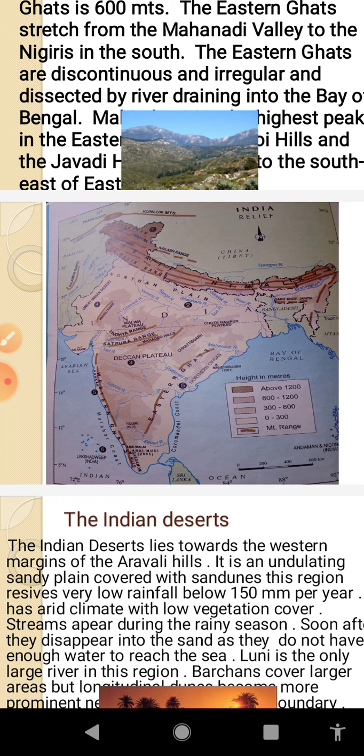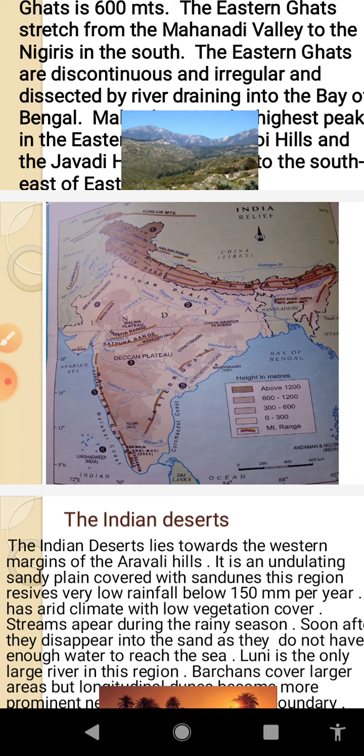After that, we will discuss the northwestern part of the Deccan Plateau. The northwestern part of the Deccan Plateau is known as the Deccan Trap area. This is one distinct feature of the peninsular plateau. It is of volcanic origin, hence here we get igneous rock.